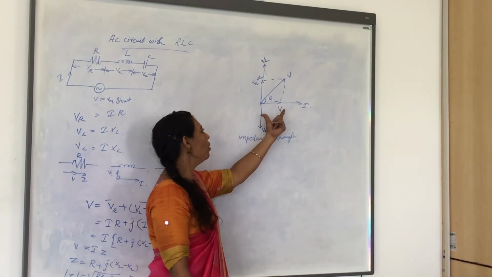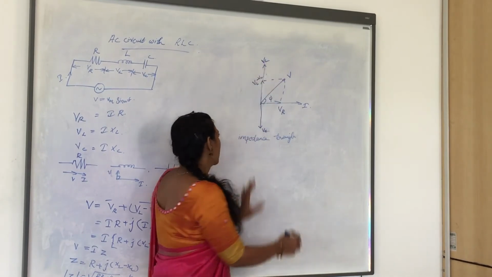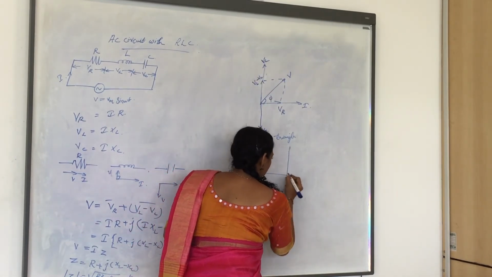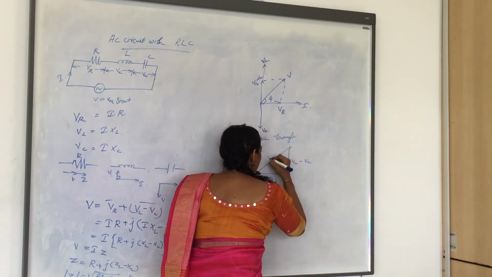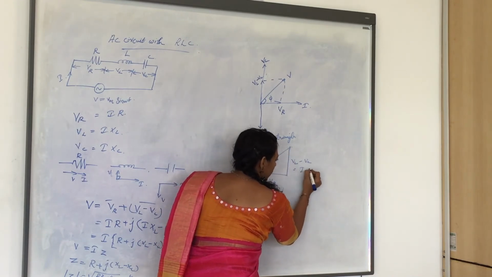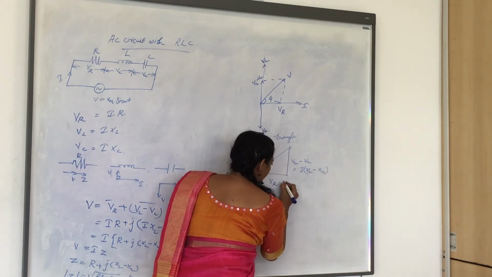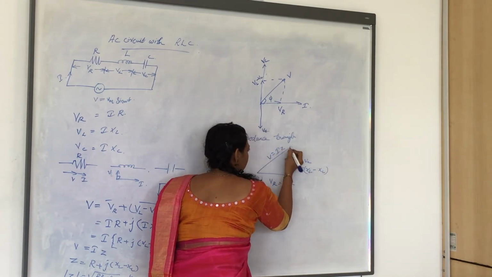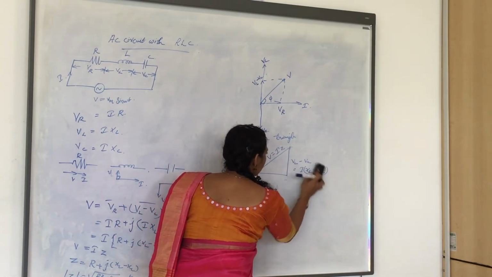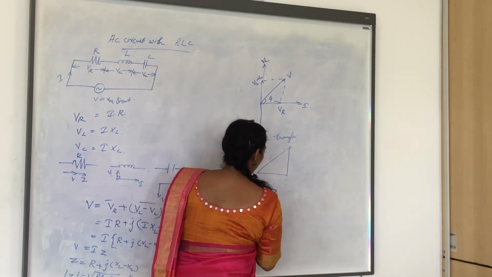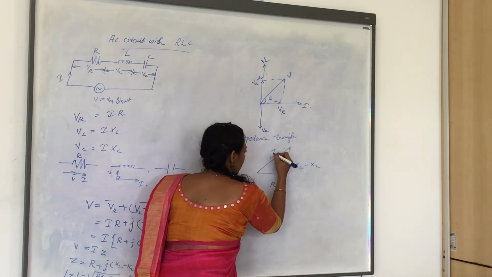Here it is a triangle with sides VR, VL minus VC and V. VL minus VC means I into XL minus I into XC, VR is IR, and V is IZ. Since I is common, we can draw the impedance diagram with the three sides resistor R, XL minus XC and impedance Z.